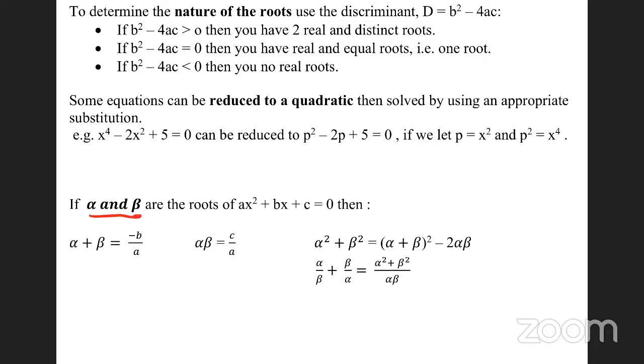And if alpha and beta are the 2 roots, then alpha plus beta is minus b over a, alpha times beta is c over a. Alpha squared plus beta squared is this, and alpha minus beta is that. So you have to learn those rules.